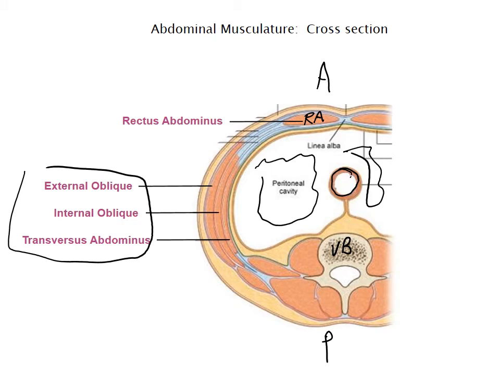We have that external oblique most superficially. We have this next one, which would be the internal oblique. And then we have the transverse abdominis muscle. So from superficial to deep, we have external oblique first, and then internal oblique, and then transverse abdominis muscle.